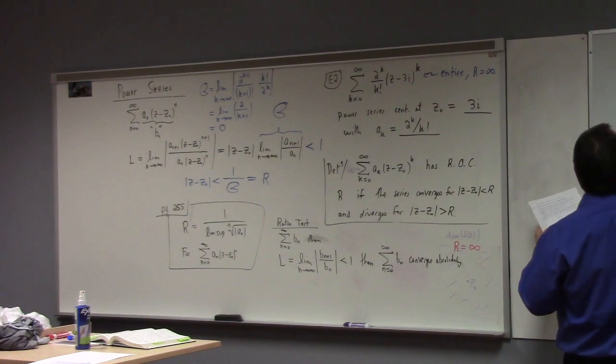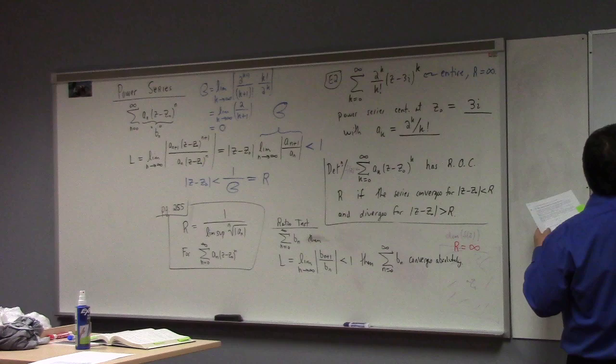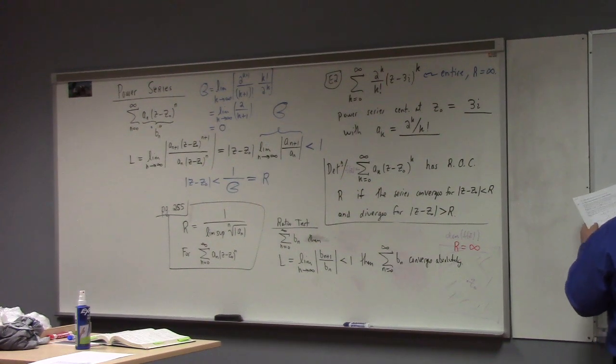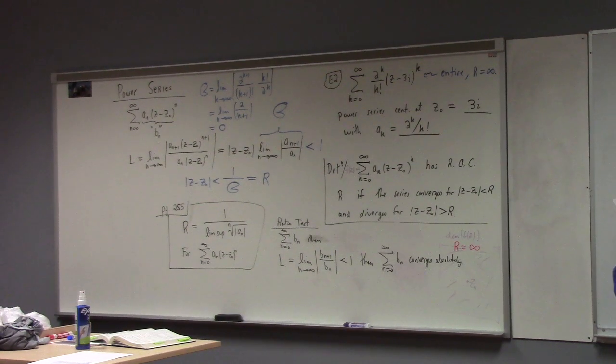If there exists a sub k in the complex numbers such that f of z is equal to the sum k equals 0 to infinity of a sub k times z minus z naught to the power k for all z in the disk of radius r at z naught.